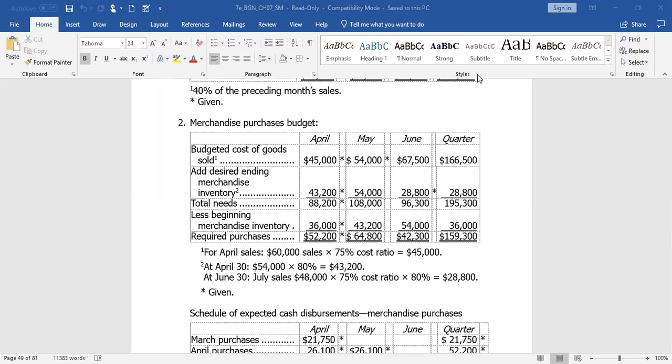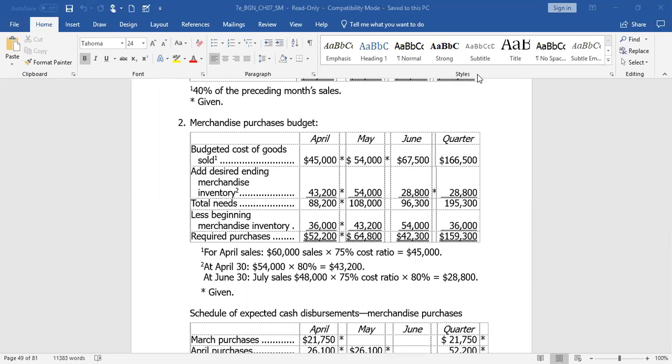That should be 80% of May's cost of goods sold, so 54,000 times 80%. May's desired ending inventory will be 80% of June's 67,500. We don't have July's budgeted cost of goods sold on our schedule here, but we could figure it out. Sales for July are 48,000 times 75% times 80%, and that'll be the $28,800.